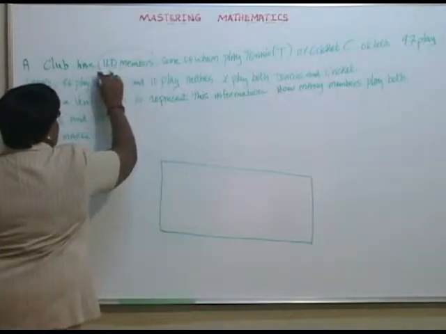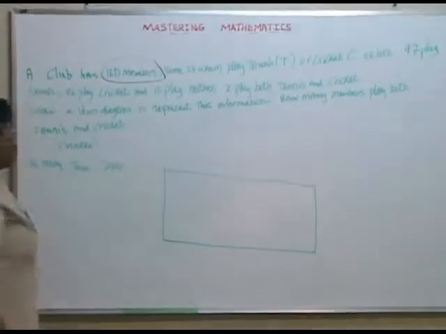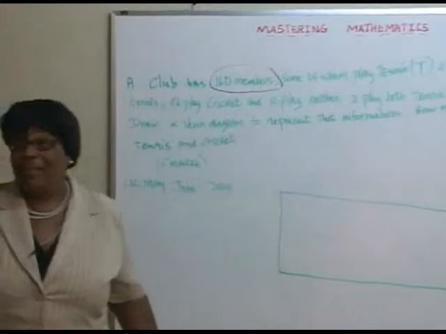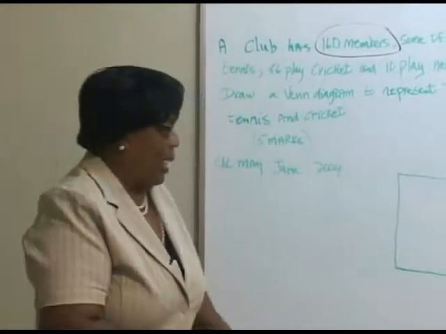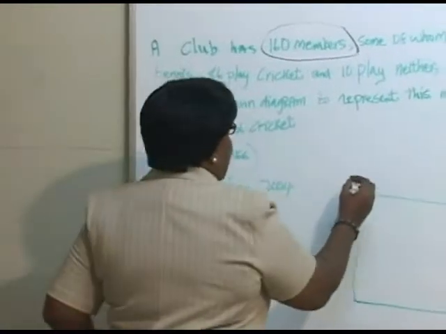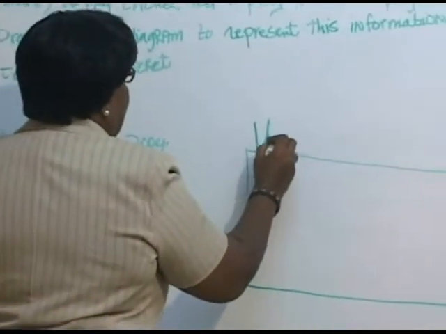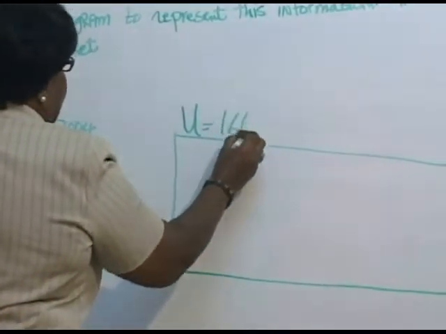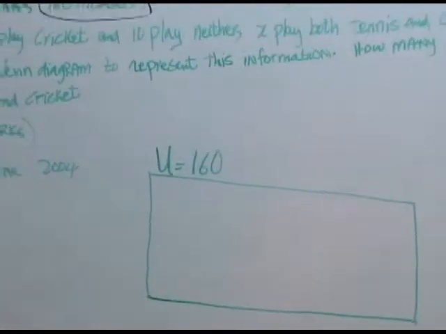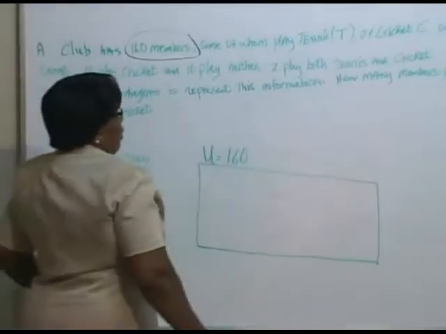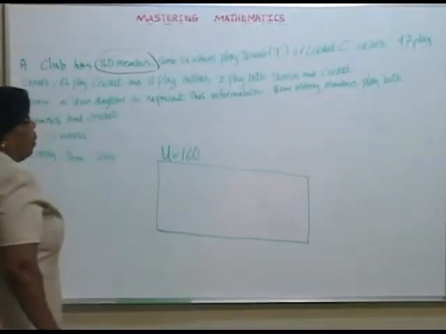This information is important. What does 160 represent? The universal set. Yes, you're correct. Okay, so that we can say U would be equal to 160.